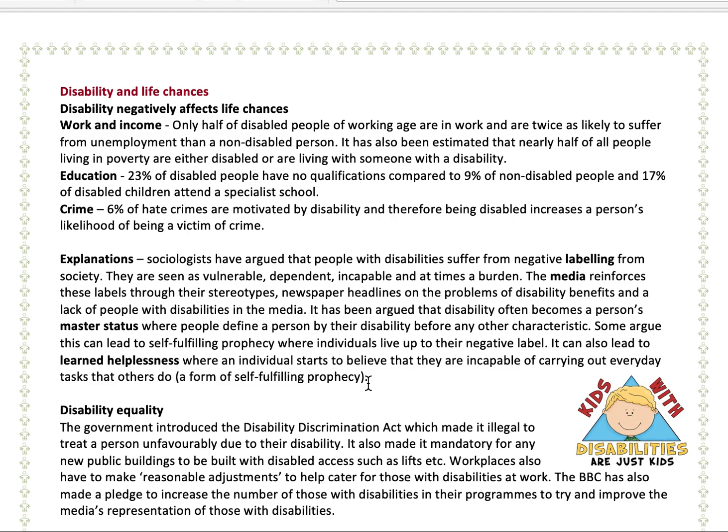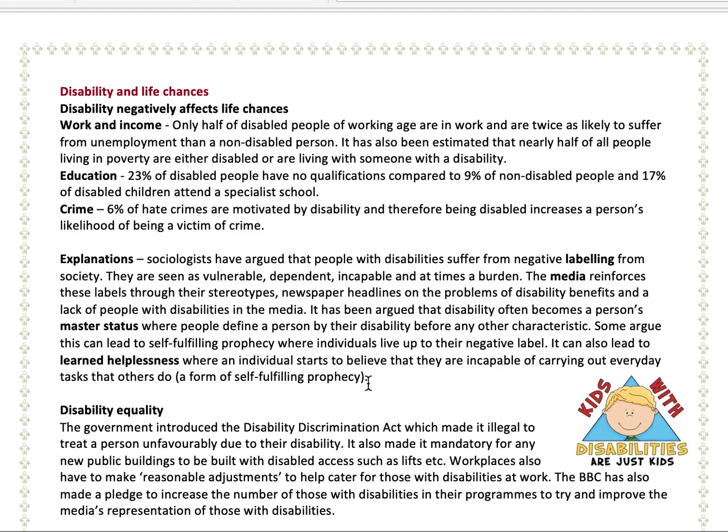Disability in life chances, so you can talk about the negative ways it can impact employment opportunities. So only half of disabled people of working age are in work. Education, so attending special schools may limit their kind of opportunities in terms of qualifications.